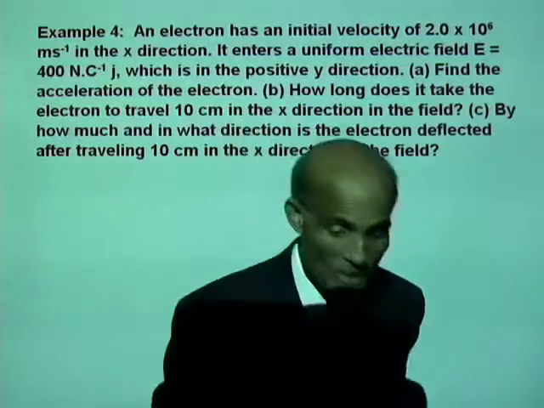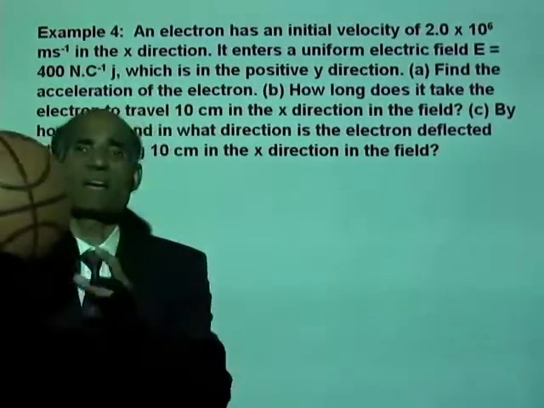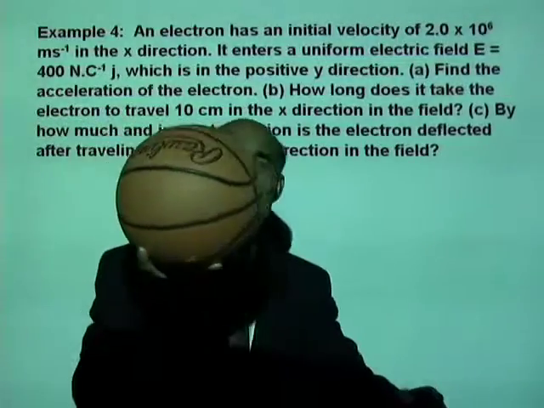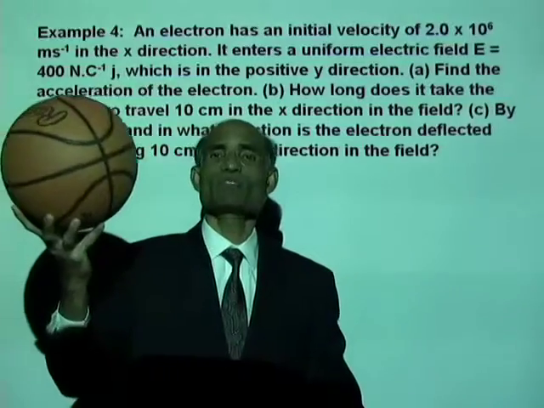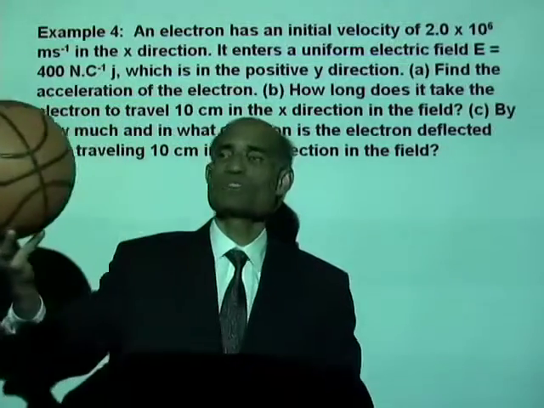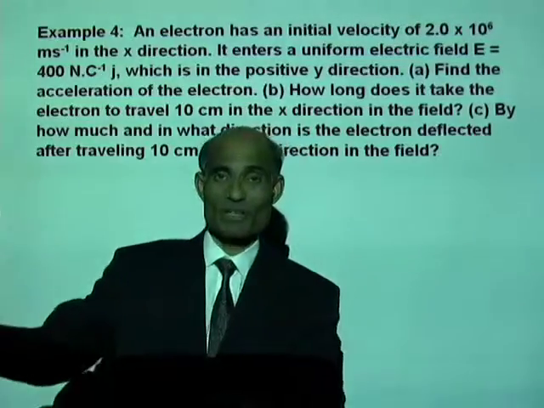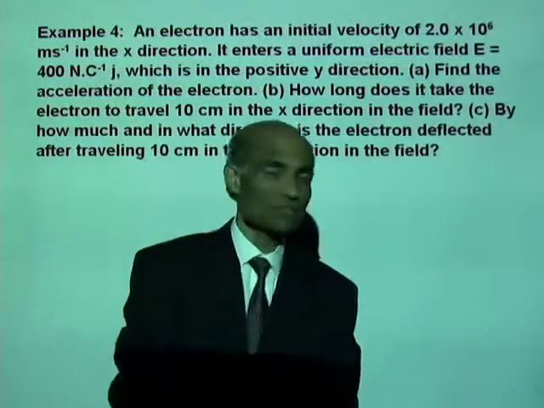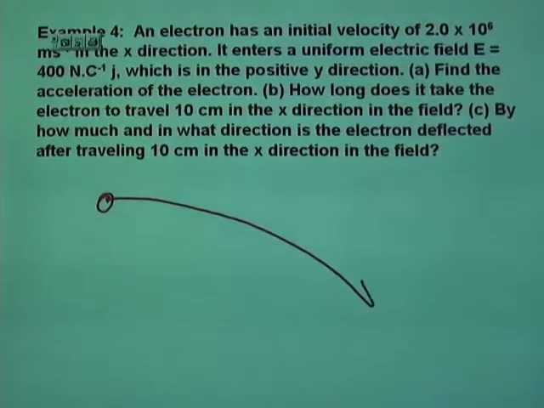Right? Now tell me, if I have a basketball here, if I throw it horizontally, what kind of motion will it have? If I throw it horizontally, it is going to go in a parabola like this. Is that right? There you are. So if I throw a basketball in a gravitational field, it is going to go like this.